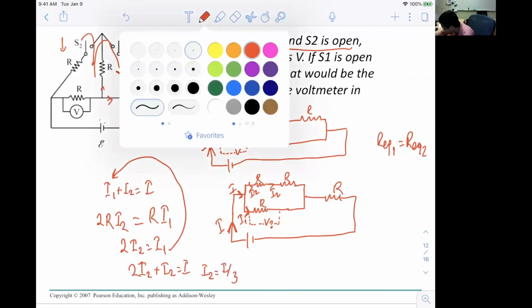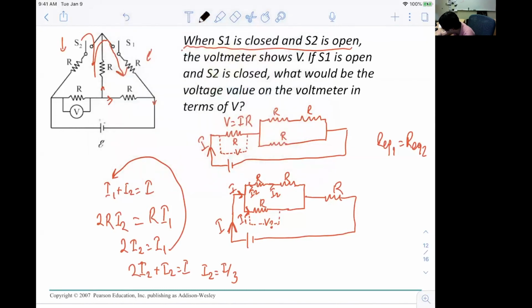So what you see here is that the big resistor, 2R, is going to take a third of it, and the single R is going to take 2 of the third of it, 2I divided by 3.